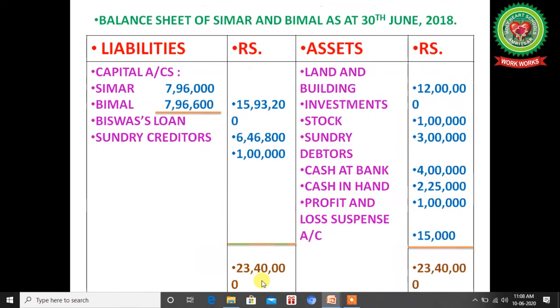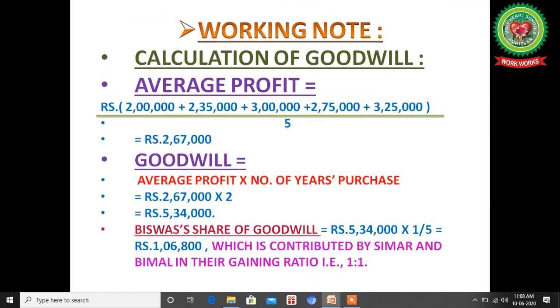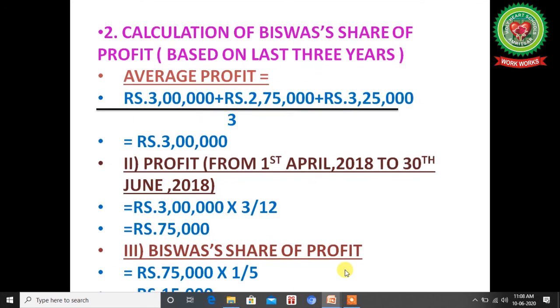So 2,67,000 multiplied by 2 years' purchase. Now your goodwill is 5,34,000. Biswas's share of goodwill is 5,34,000 times 1 divided by 5. Now the retiring partner's share is 1,06,800, which is contributed by Simar and Bimal in their gaining ratio 1:1.